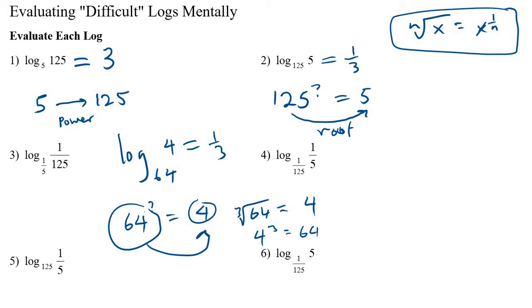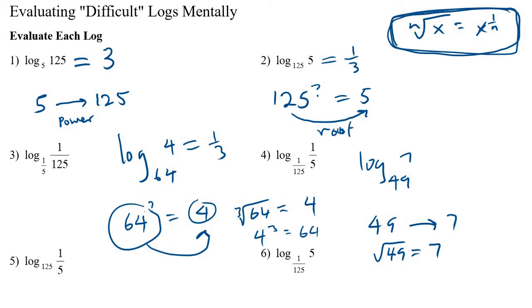So I need the cube root, which is the same thing as 1/3. All right, let me write another example right here. If I have log base 49 of 7, well, I'm going to go from 49 to 7. I need to take a root. Here, it's clear that the square root of 49 is 7. So I need to do a square root, and according to this rule, a square root is some number to the power of 1/2.